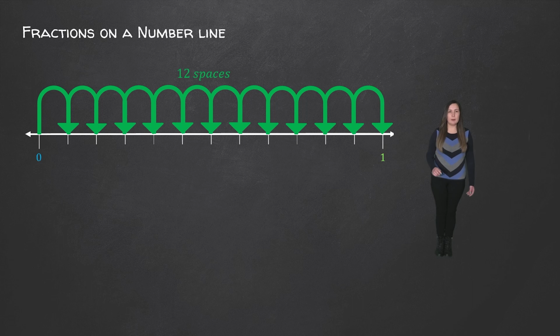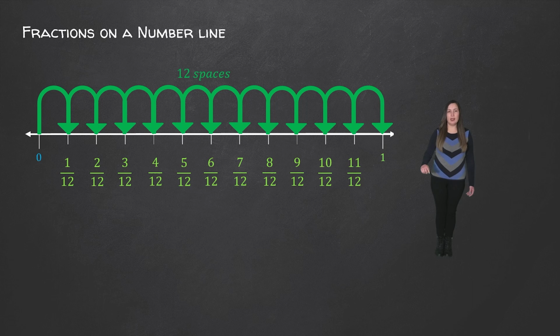So we're counting up by 12ths here. So we have 1 over 12, 2 over 12, and so on up to 11 over 12, and 12 over 12, which makes one whole. So we don't need to have that there.